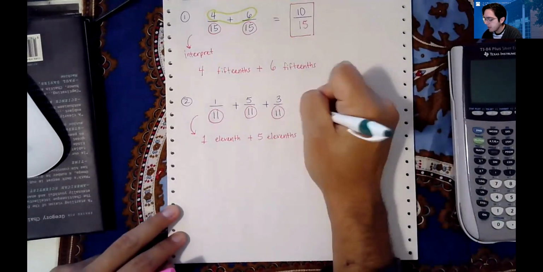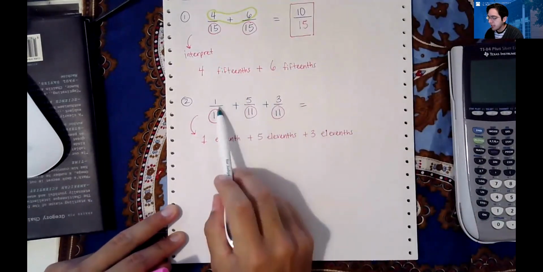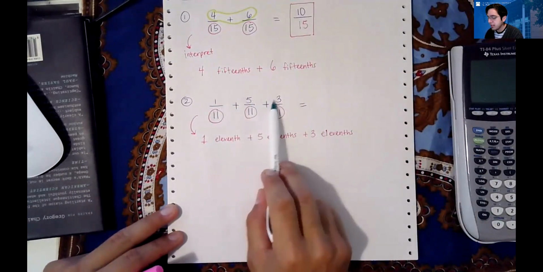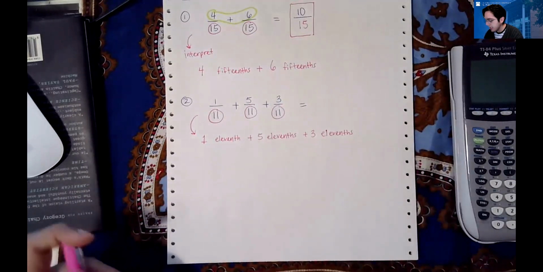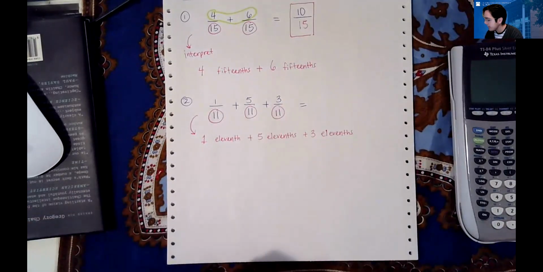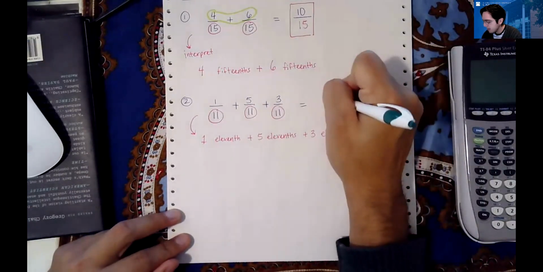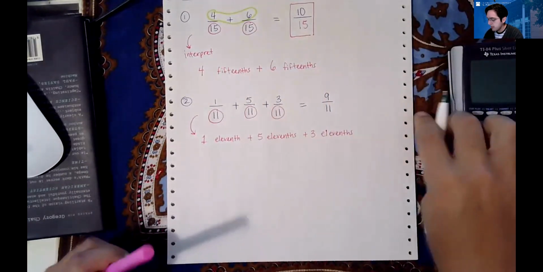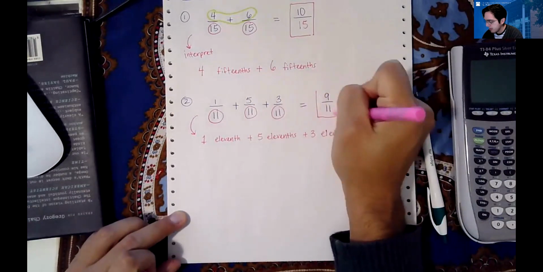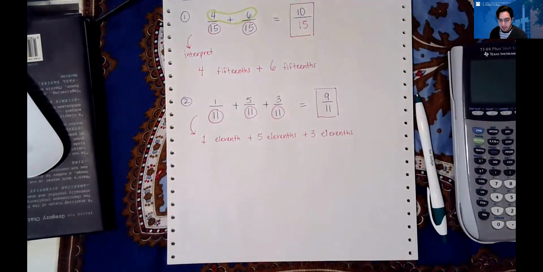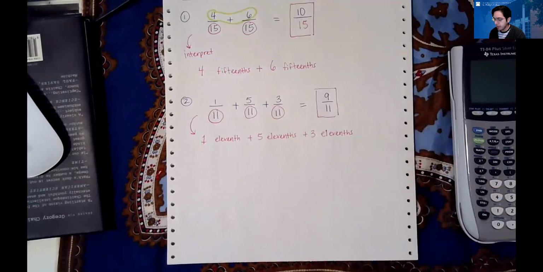Wouldn't it be 9/11? Yeah, because 1 plus 5 is 6, plus another 3 would be 9. So it would be 9/11. Does that make sense? Yes. Okay.